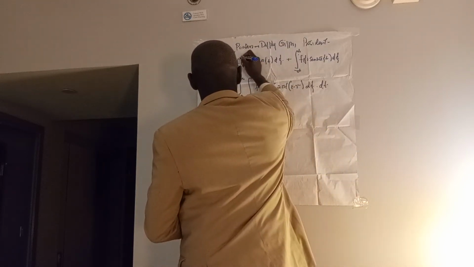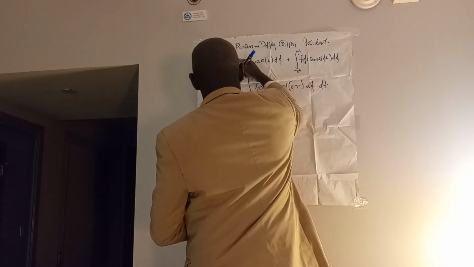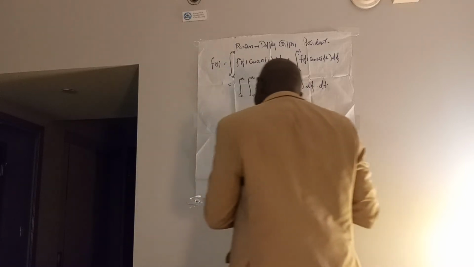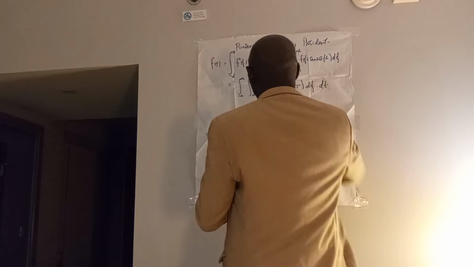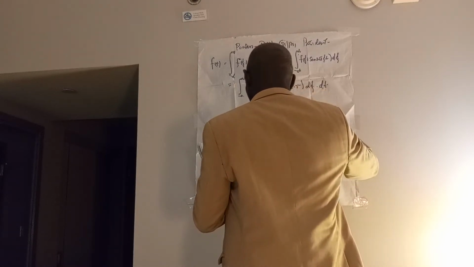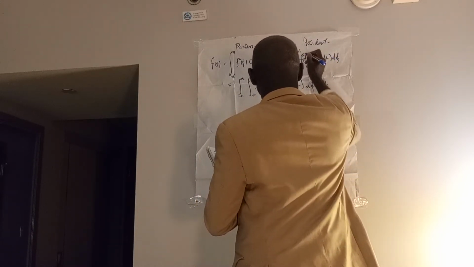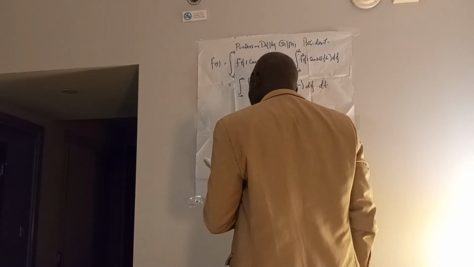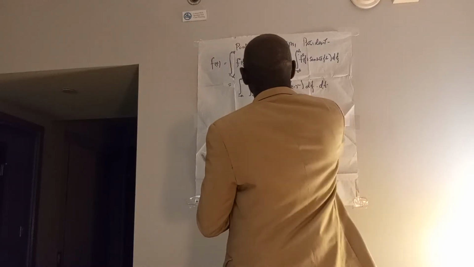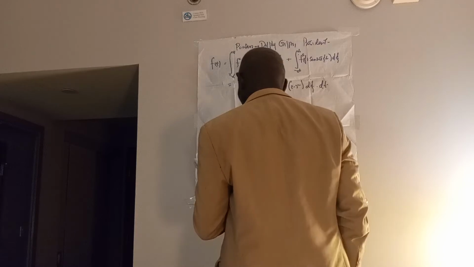And this is really a cosine transform. We put the C here, meaning cosine, and we put the S here for sine transform. I'll put it here, total for cosine.